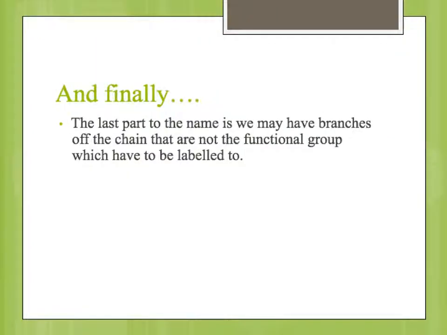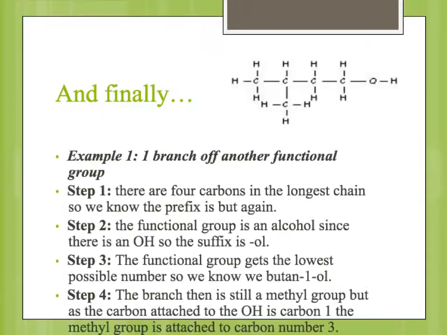Finally, the last part of the name is any other branches, because they get the last possible numbers. They are the least important. All right. So, for example, this one here has got an alcohol and a methyl group attached to it. So we start off with the longest chain, in this case 4 carbons, 1, 2, 3, and 4.